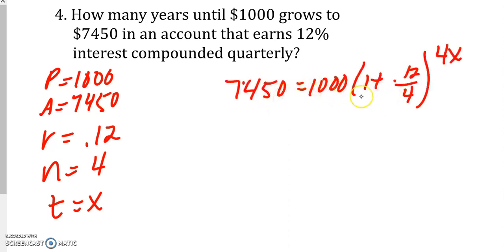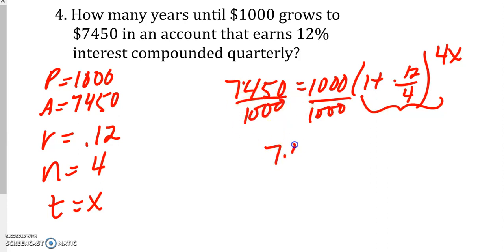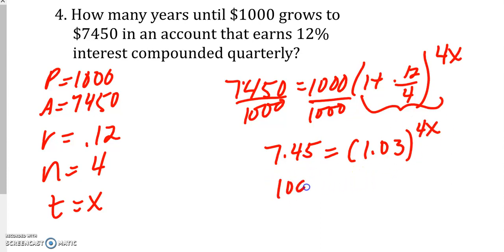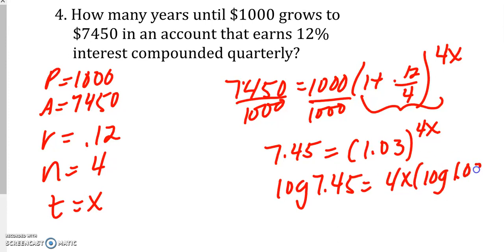So hopefully you realize, please remember this is attached. Your first move is to divide by the 1,000. That's going to give you 7.45 equals 1.03 again to the 4x. I'm going to log this. I'm going to get 4x log 1.03. I'm going to divide by the log.